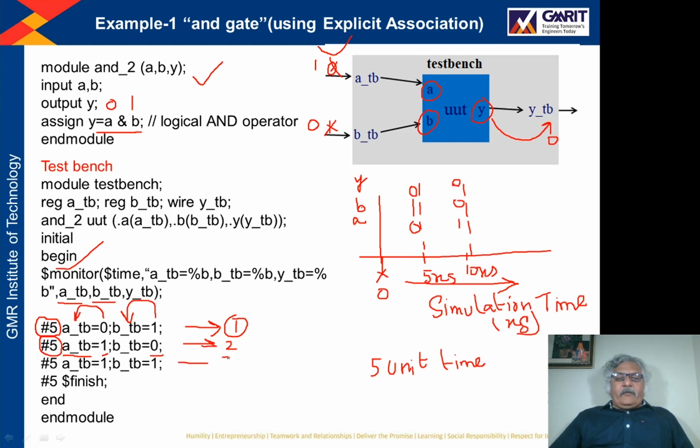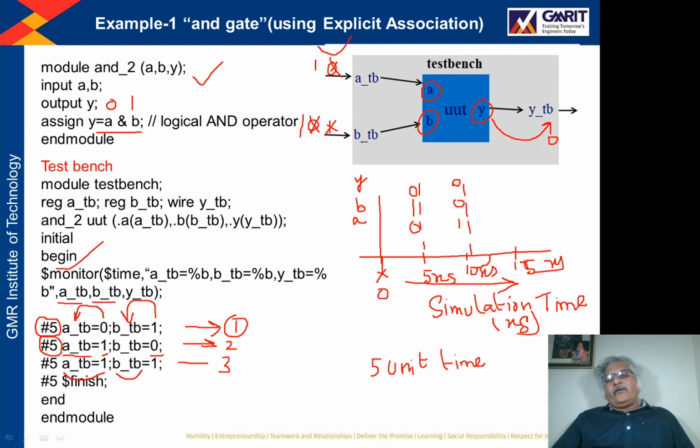Then statement number 3 will be executed after the 5 unit time of statement 2. This means statement 2 executed at 10, so after that 5 means 15 microsecond. So at 15 microsecond, A_tv is equal to 1 and B_tv is equal to 1. Here A_tv is already 1, so there is no event on A_tv, but B_tv changes from 0 to 1.